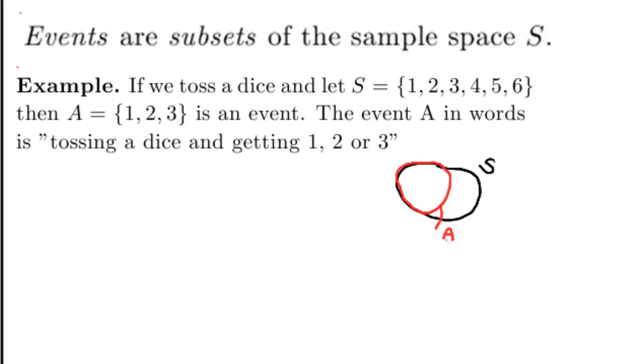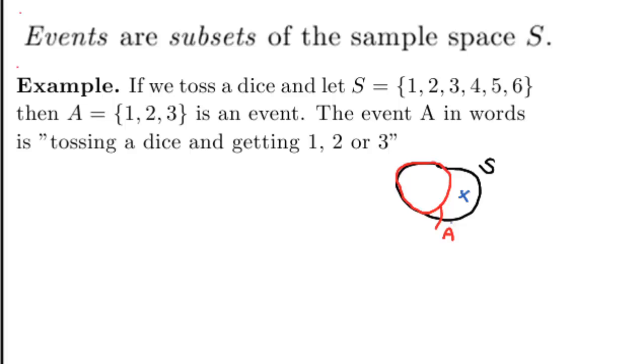I perform the experiment. The experiment will single out one outcome in S. Perhaps the experiment singles out this outcome in S. Say I toss a 4. This element is not in A, and we simply then say that A did not happen. That is, I did not toss a 1, 2, or 3.